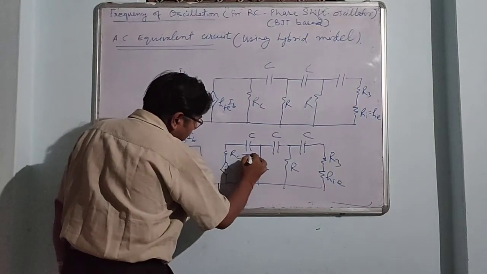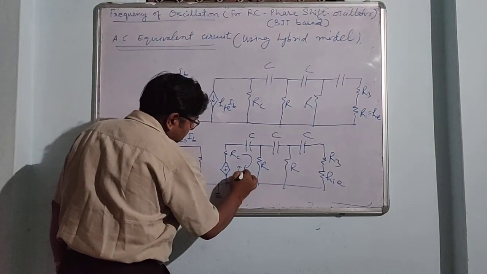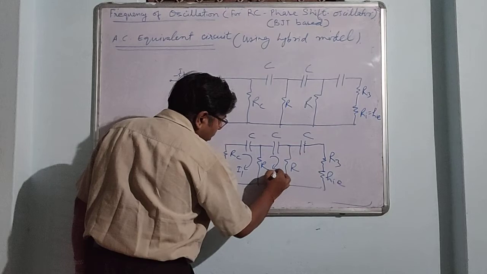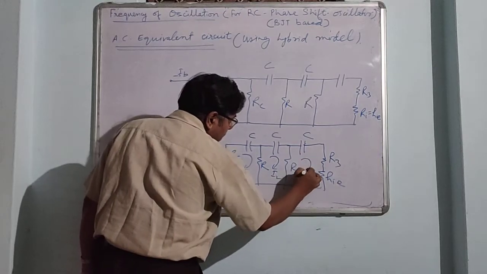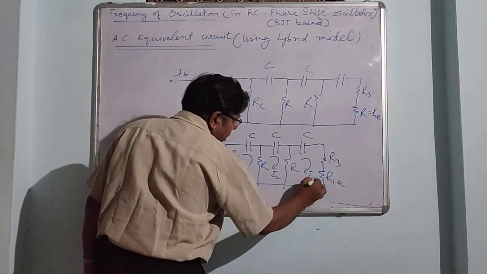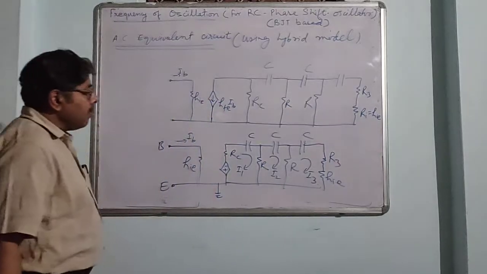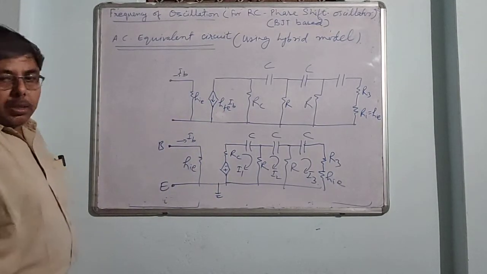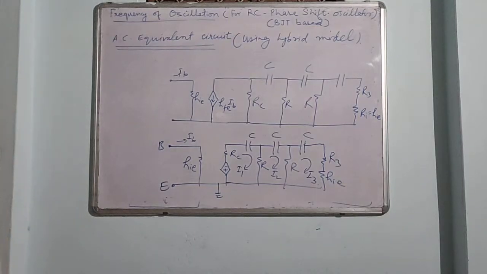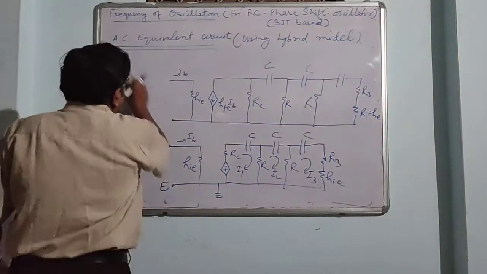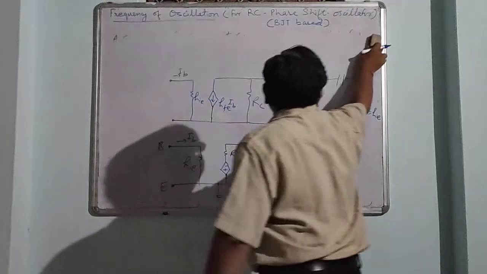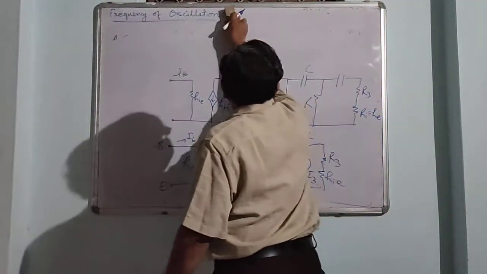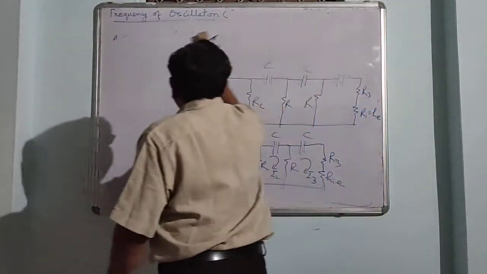Suppose we are selecting three loop currents, I1, I2 and I3. These are the three loop currents. Then to derive the frequency of oscillation, we will use this network.